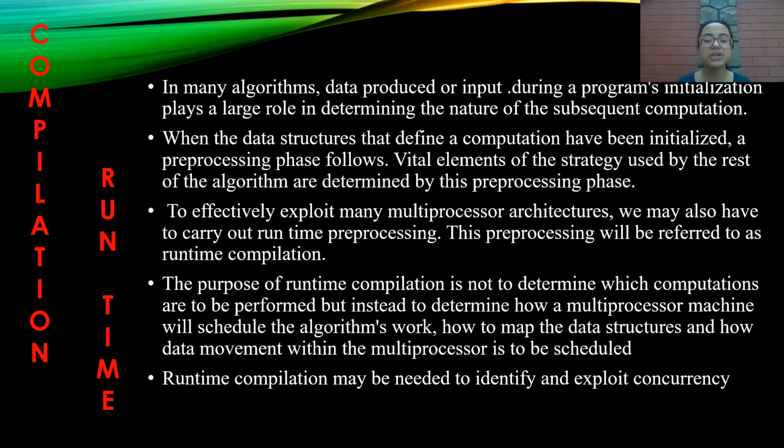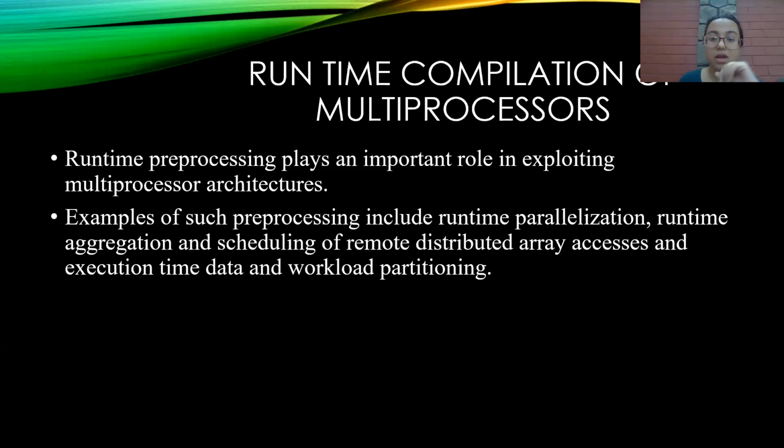Runtime compilation may be needed to identify and exploit concurrency. So runtime processing plays an important role in exploiting multiprocessor architectures. To use the multiprocessors and their beneficial features, we need to know how to architect them and how to compile them at runtime.